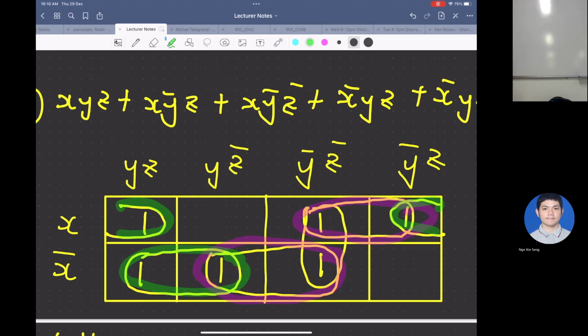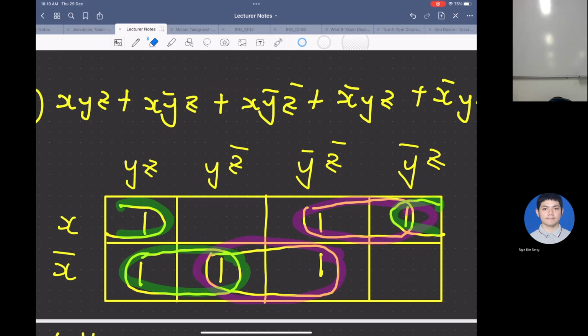So make sure you draw all the possible blocks, all the possible prime implicants. Let me remove one more. Remove this guy. Remove this guy. Now the least number is 4.